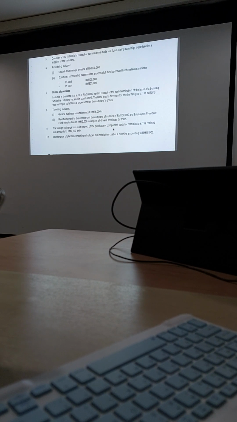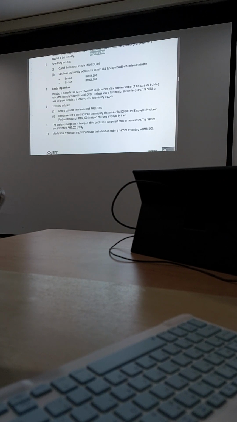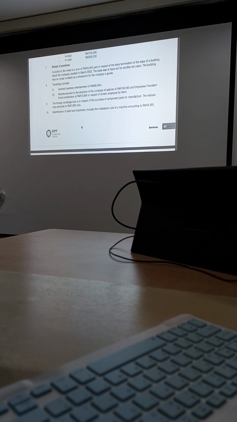The foreign exchange loss in respect of purchase of component parts for manufacture, the realized loss amounts to 7,000 only.